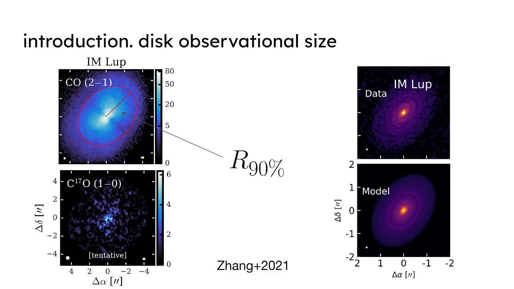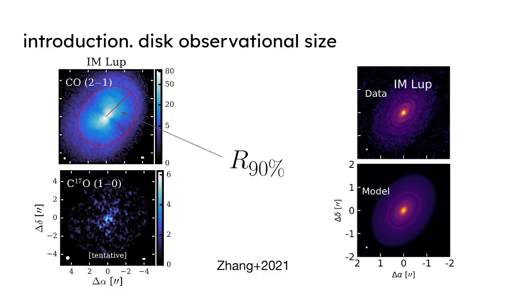But typically, if you want to determine the size of the gas component, you go to CO. If you want to determine the dust component, you go to a certain wavelength of dust continuum. You can choose different ones, and it will trace different dust sizes.